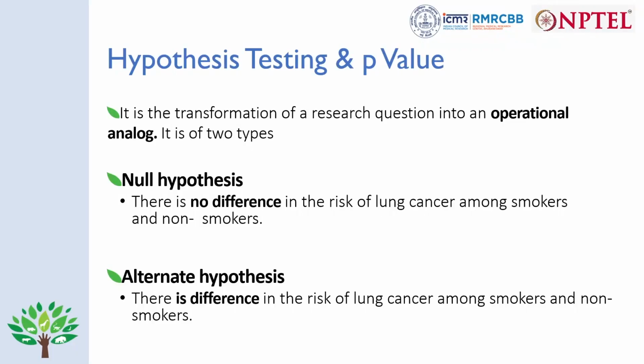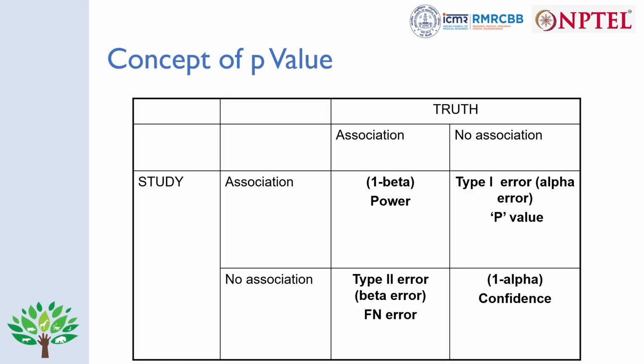In this process, usually four outcomes can happen. Suppose the null hypothesis is really true, but we find it is not true, or the null hypothesis is false, but we find it true. In these cases, there can be errors, called alpha errors or beta errors.